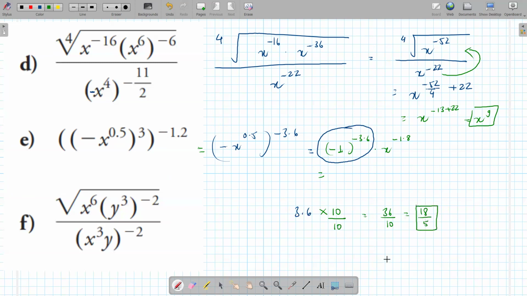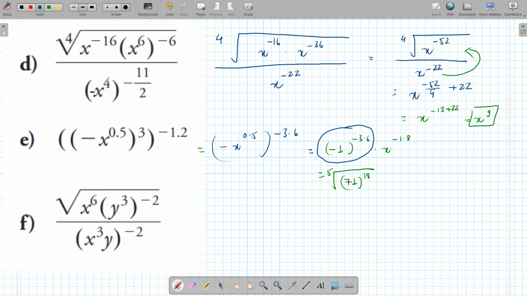Like that. So this is negative 1 fifth root to the power of 18. Can you evaluate that? Yes, it's just a 1.